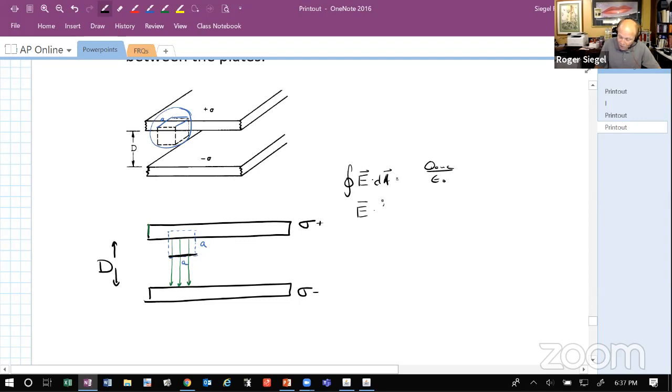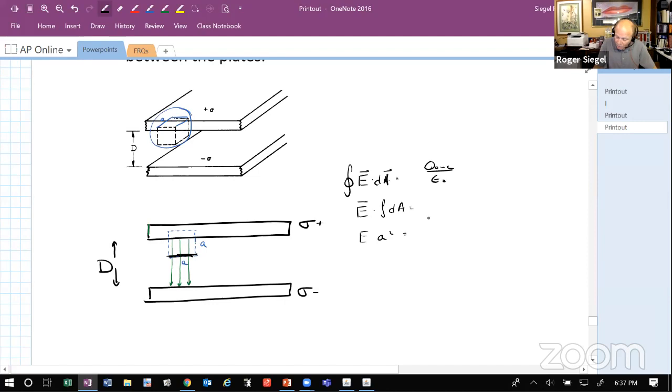And so we're going to say the integral of dA is just the area of this bottom face, because the 5 other faces of this cube have no electric flux going through them. And so that's just going to be A squared.